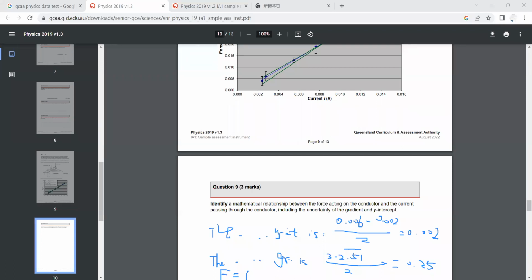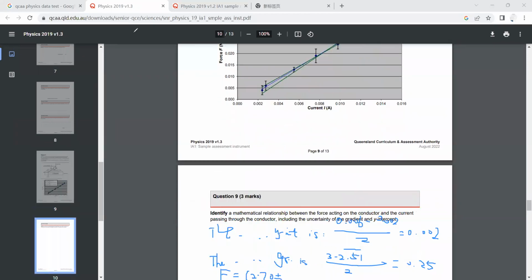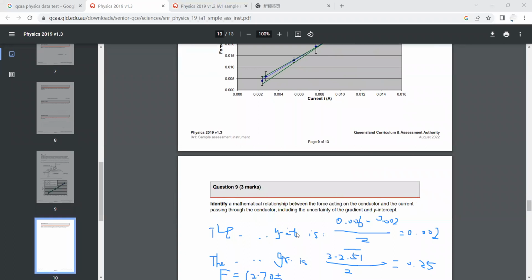Yeah, this is 2.70 plus minus 0.25, times pi I, and then minus 0.02.